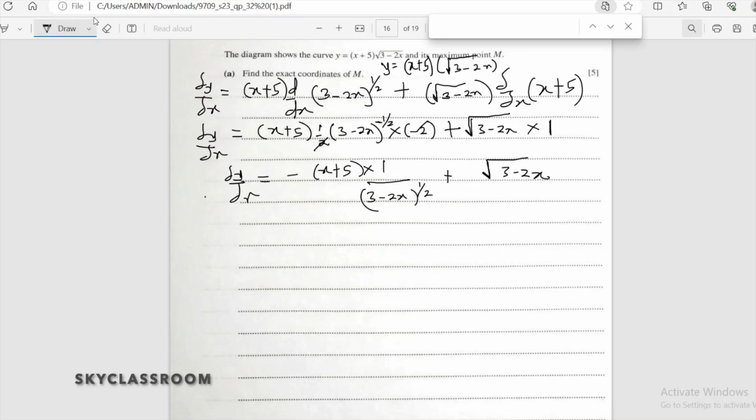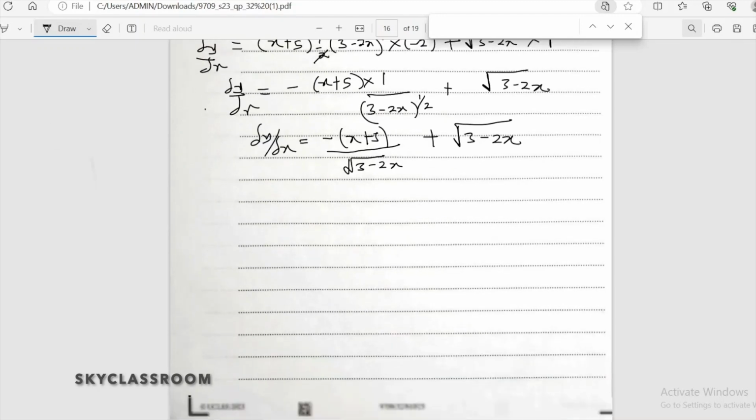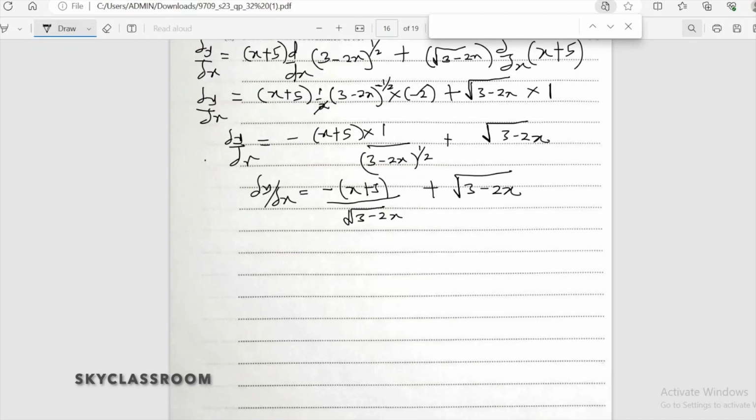We have that. At the end of the day, so our dy dx will be minus x plus 5 over square root of 3 minus 2x plus square root of 3 minus 2x. These are dy dx. Since we are looking for maximum point, you put dy dx to be 0.